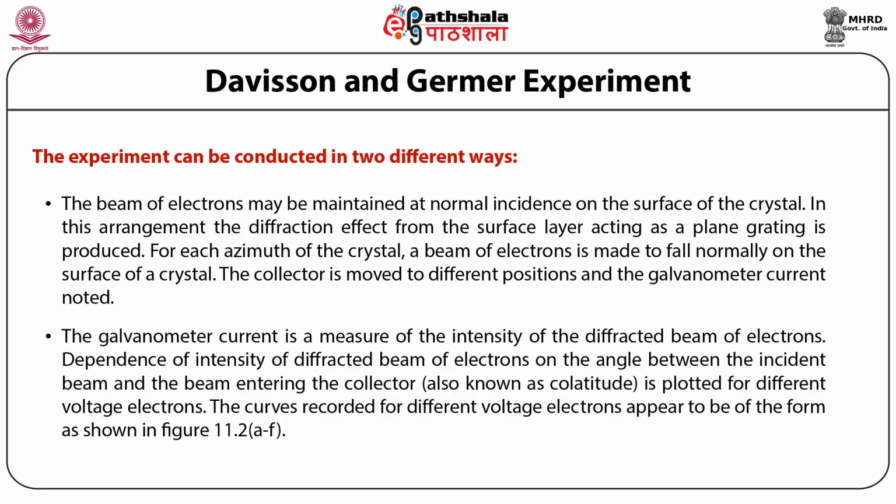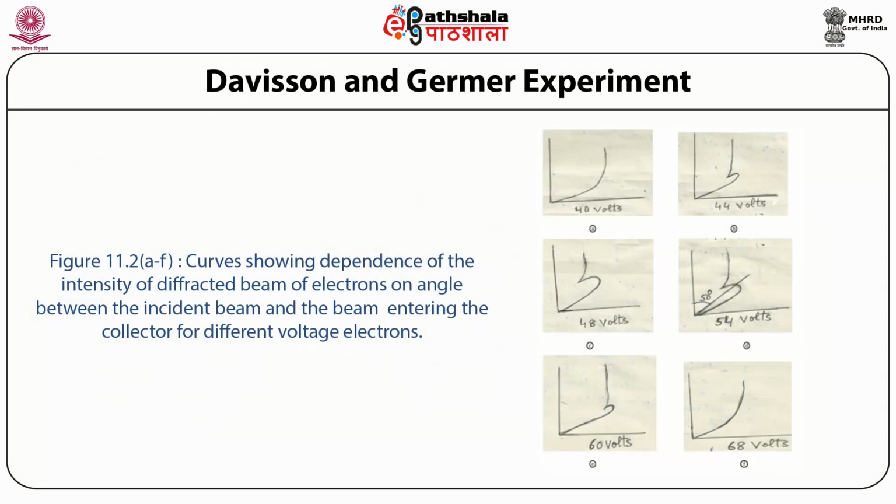The curves recorded for different voltage electrons appear to be of the form shown in figure 11.2 A to F. Figure 11.2 A to F shows curves of the dependence of the intensity of the diffracted beam of electrons on the angle between the incident beam and the beam entering the collector for electrons of 40 volts, 44 volts, 48 volts, 54 volts, 60 volts, and 68 volts.